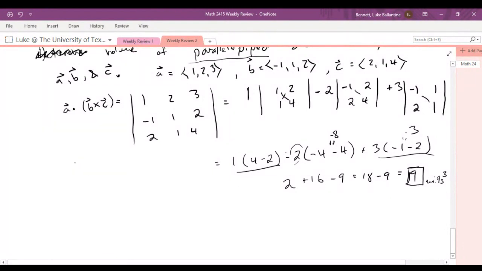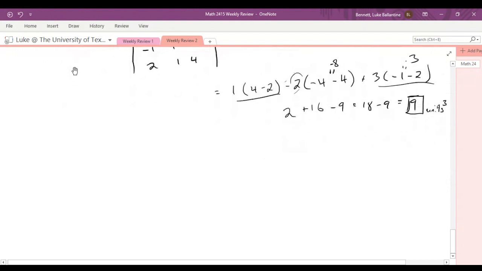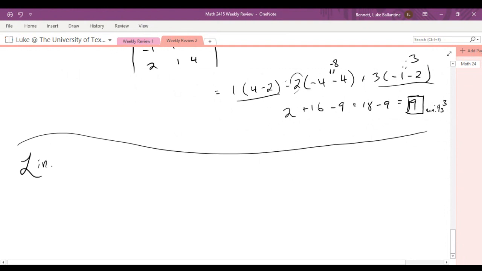All right, so let us talk about lines. You take the absolute value.